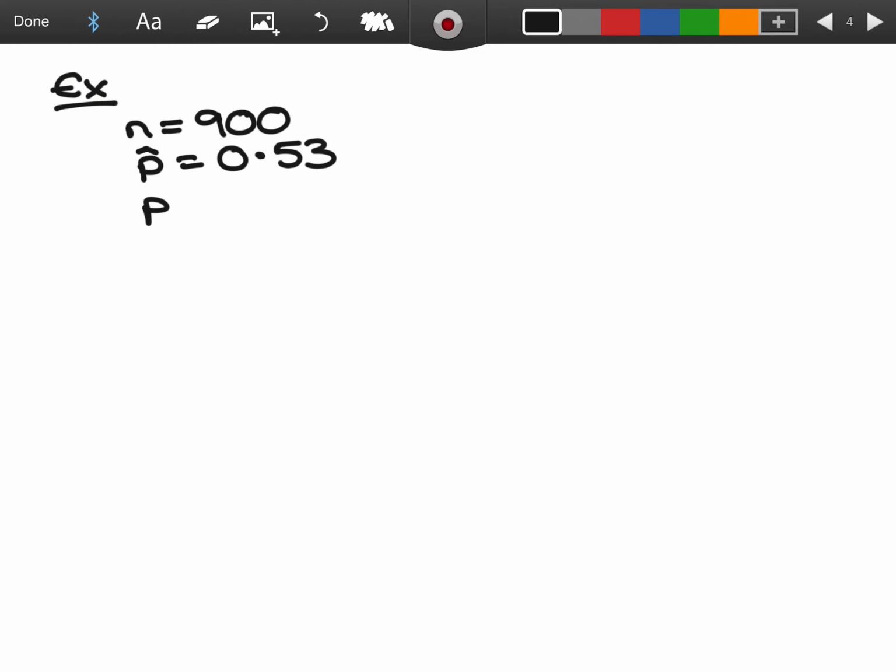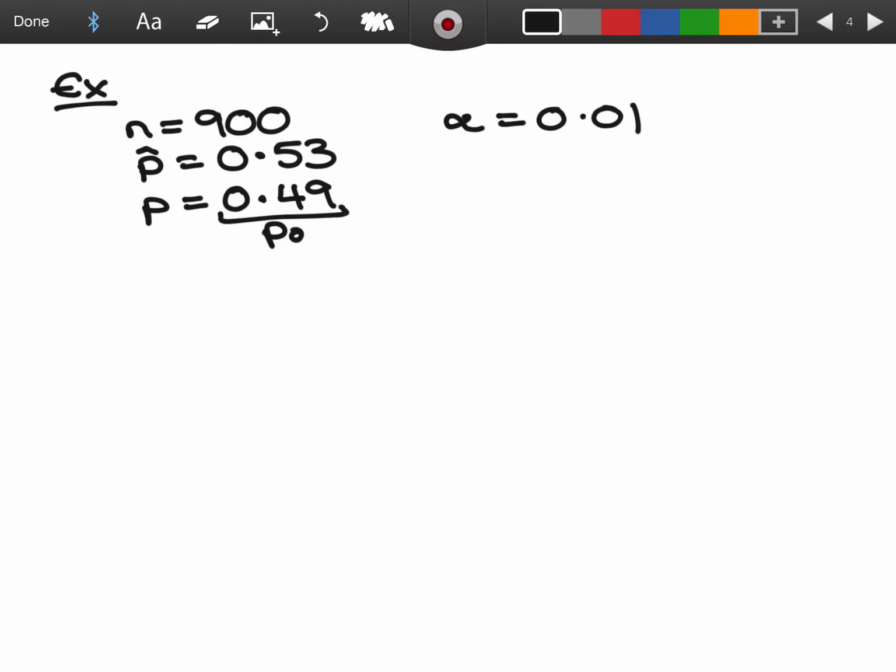So his population proportion of what he thought it should be was 0.49. This 0.49 is your P0 value. But now he wants to test the claim that it is in fact more than that. Testing at the 0.01 level, so alpha is 0.01, is there enough evidence to support the analyst's claim?